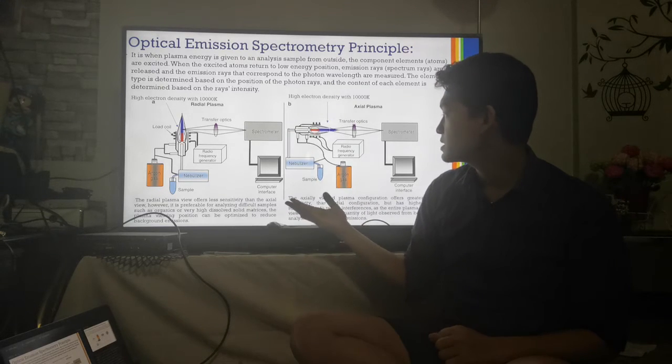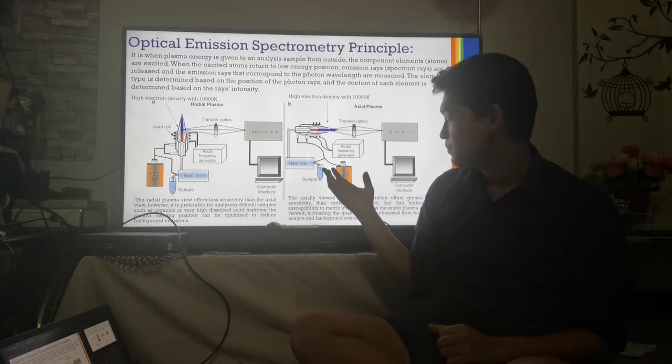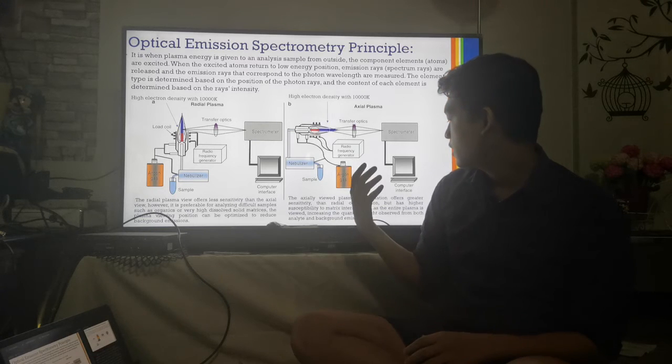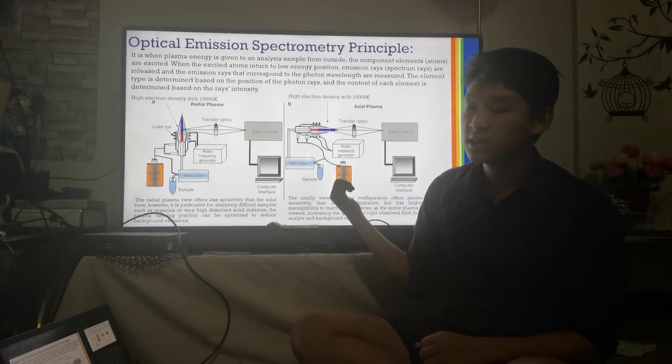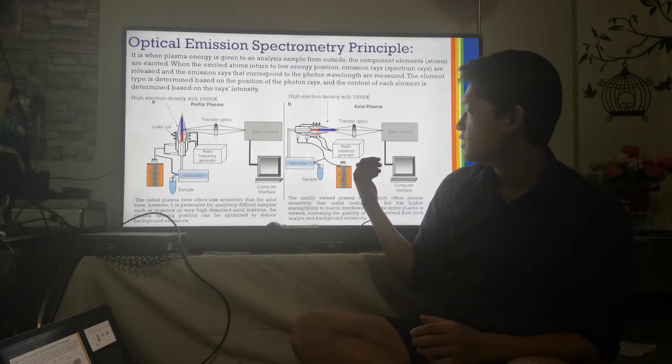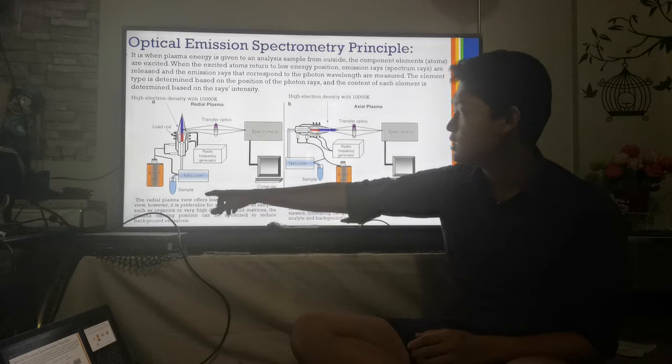Since a higher quantity of light is shown, this creates interference such as background emissions, which can come from the sample or the argon gas.